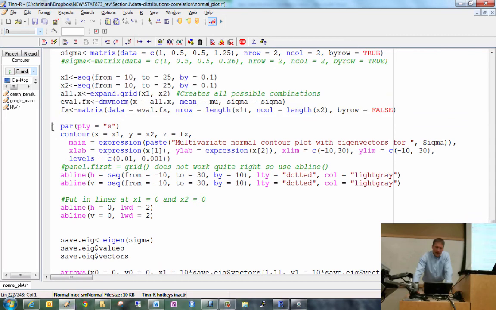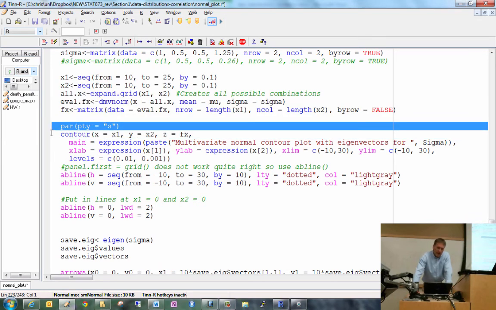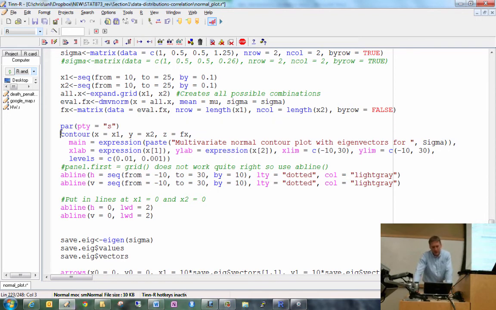And then I use my contour function as I've done before. Notice how I've purposely set the plot type to square. I want the x and y axes to be exactly the same length, and also the same limits as well.